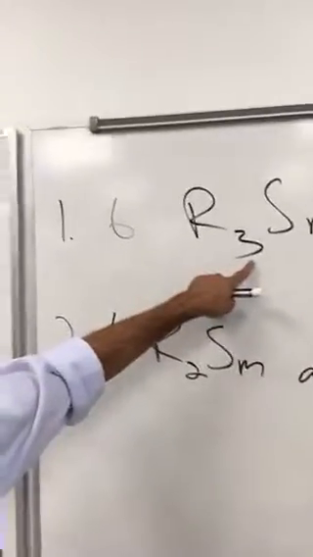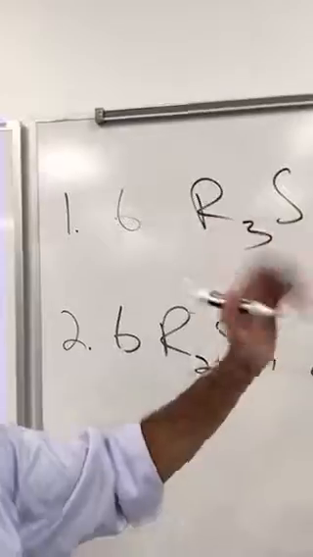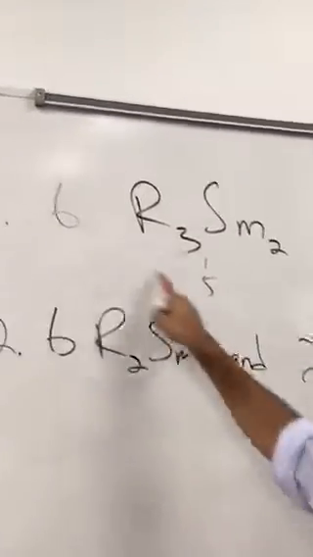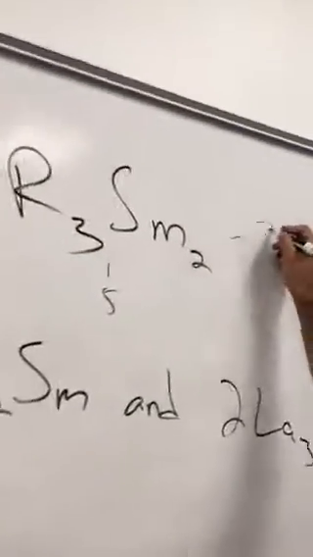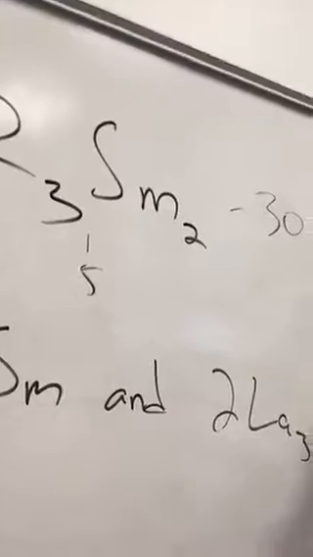This is 3 rubber bands. So 2 small paper clips plus 3 rubber bands is 5, right? So there are 5 things here. So this is 5, and I have 6 of them, right? So 6 times 5 would mean I have 30 atoms total in this.